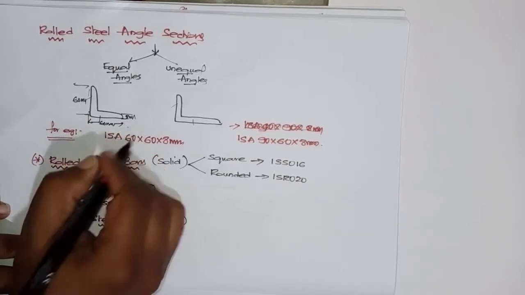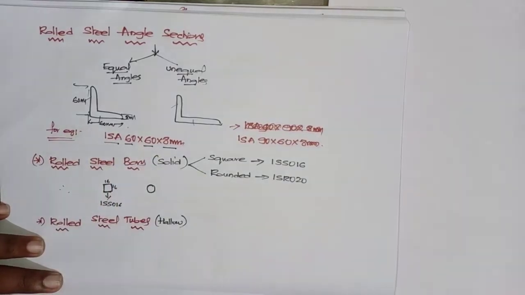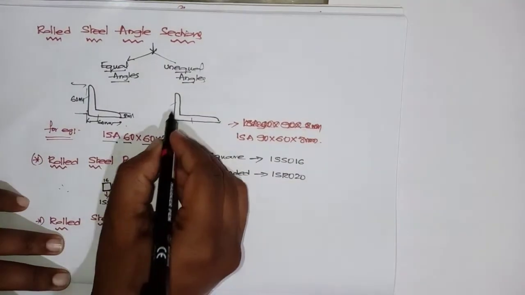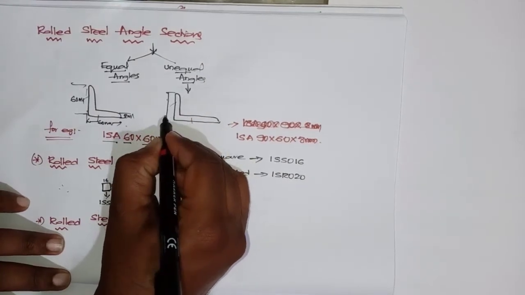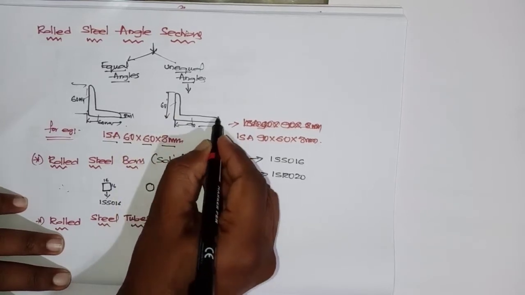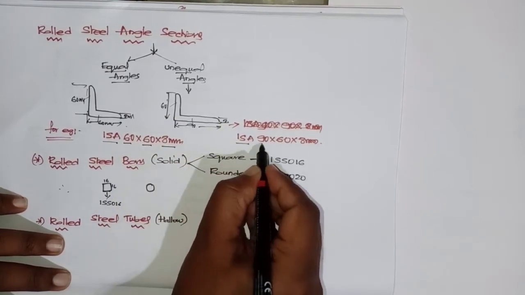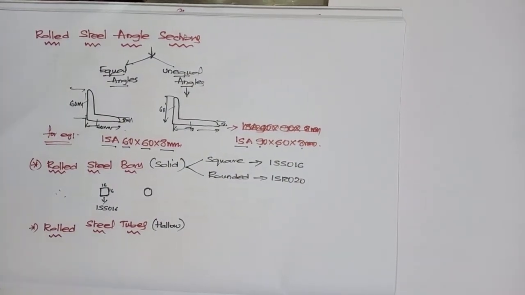So how do we designate it? ISA 60 by 60 by 8 mm. And coming to the unequal angle section, this one is, say for example, 60, and the next one is 90. How will it be designated? ISA 90 by 60 by 8 mm. So this is the designation of an angle section.